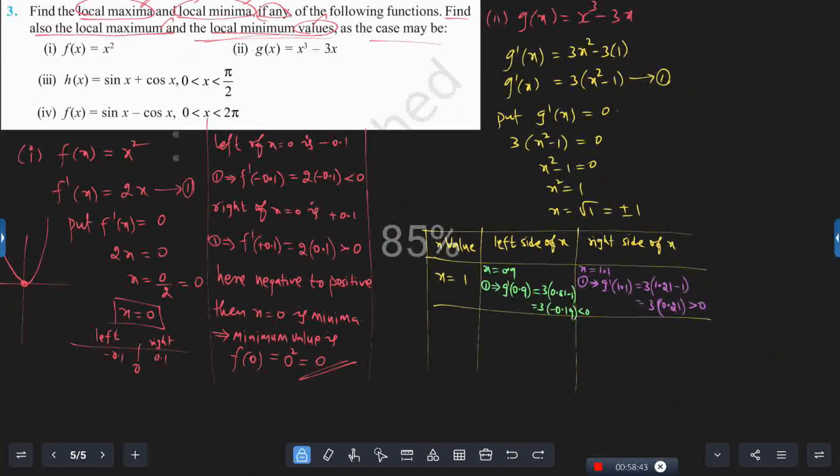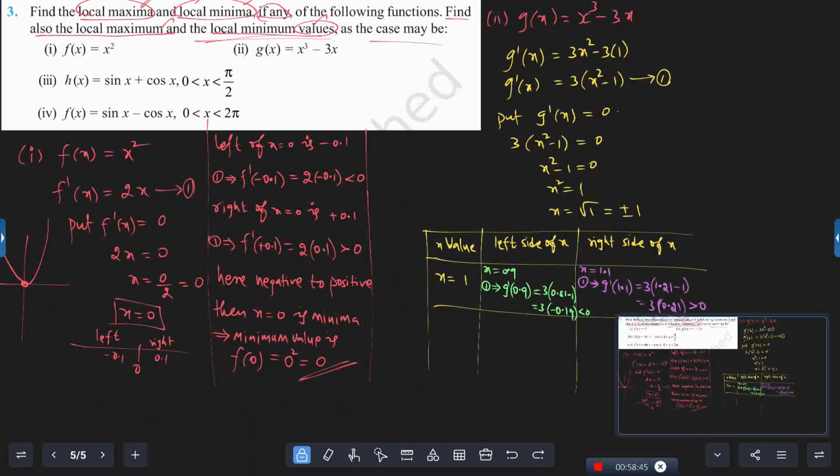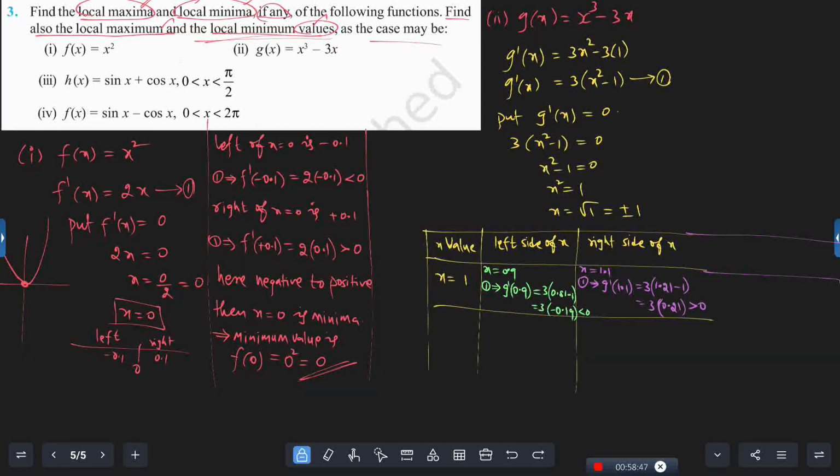Maxima or minima? Yes, minima. So what do we have to say? The nature of g of x, either minimum or maximum.